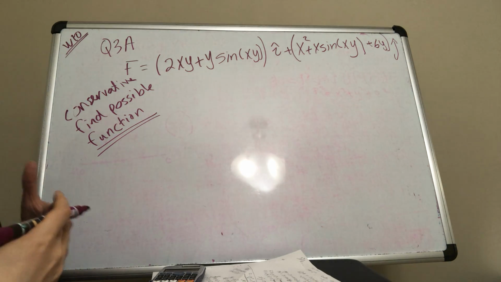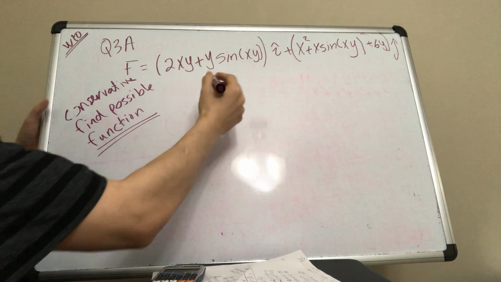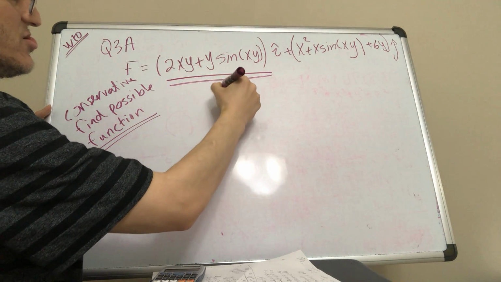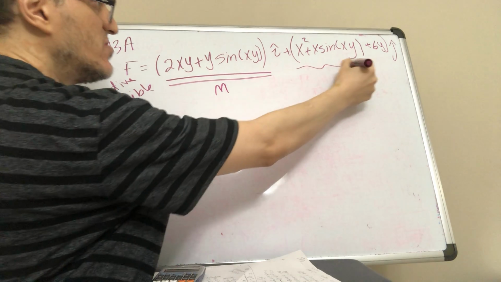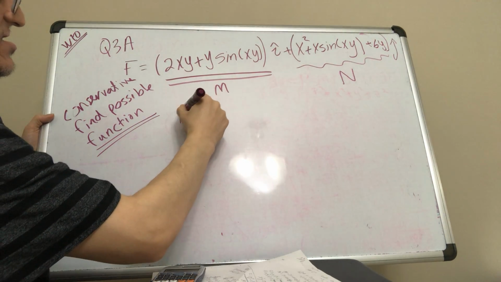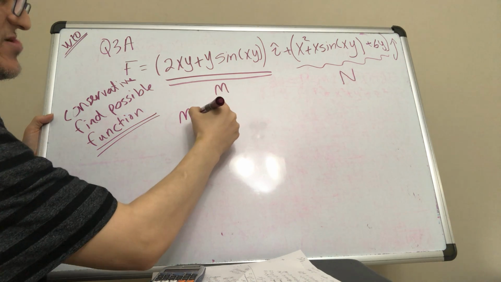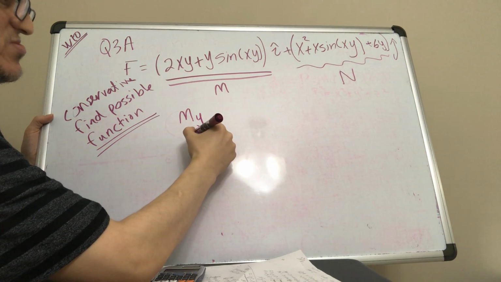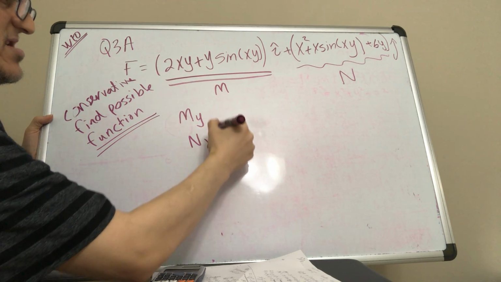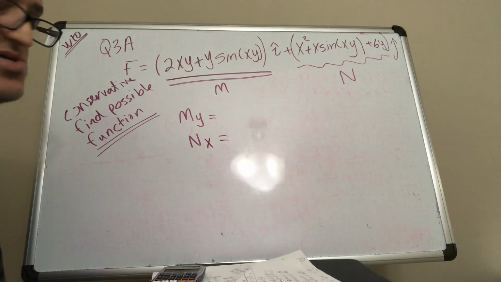To prove whether it's conservative or not, the one in direction i you call m, and the one in direction j you call n. You find the derivative of m with respect to y, and the derivative of n with respect to x, and you see if they're equal.